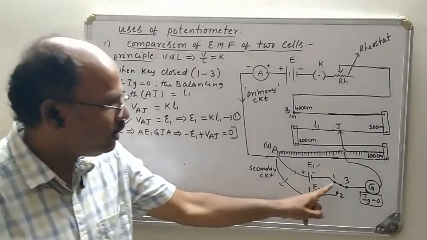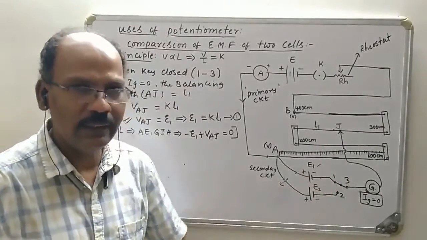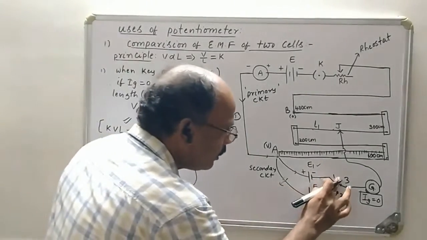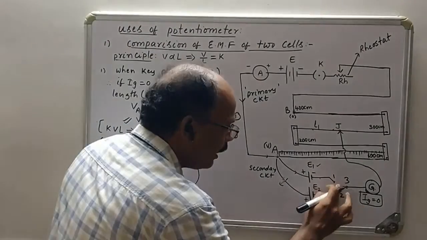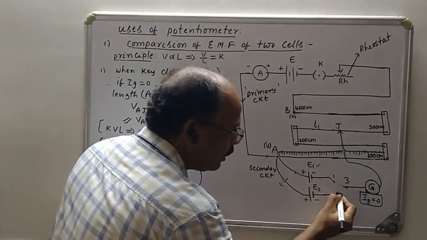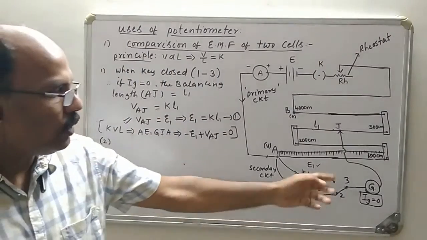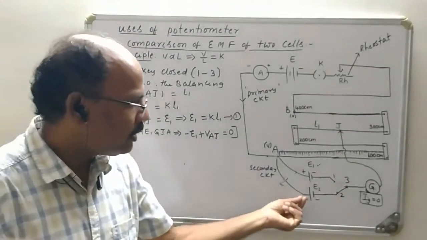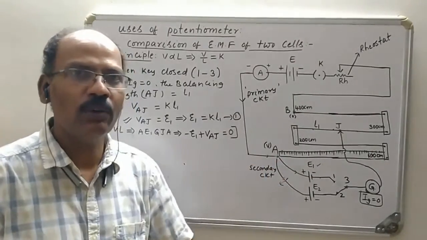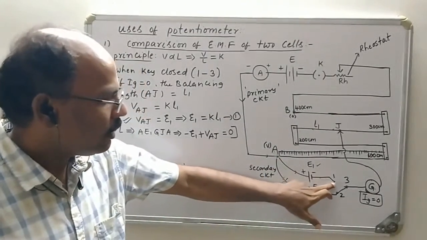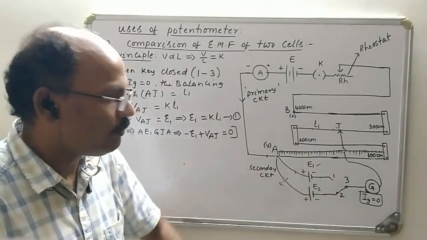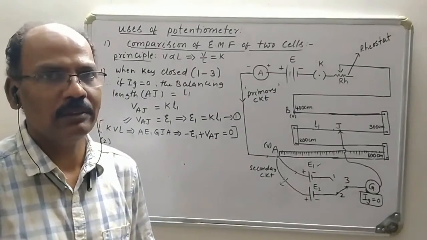Then we can apply this for the second cell. Remove the key between 1 and 3 and close the gap between 2 and 3. Then the cell of EMF E2 is coming into the closed circuit and the EMF E1 is removed from the circuit.